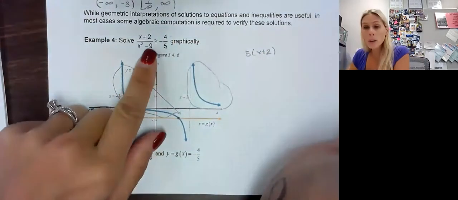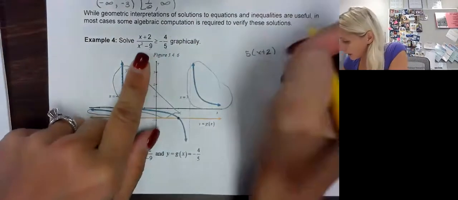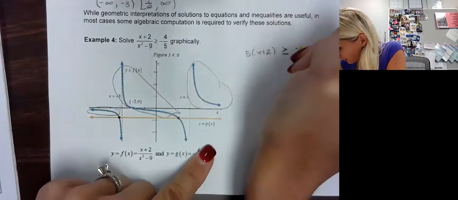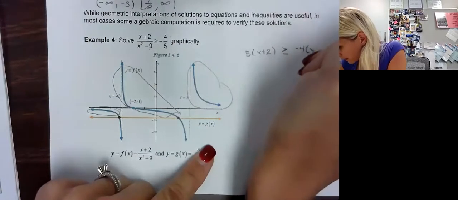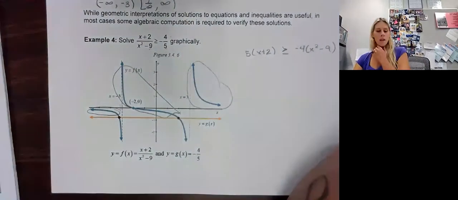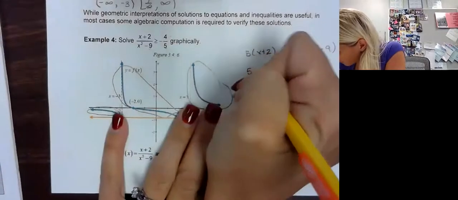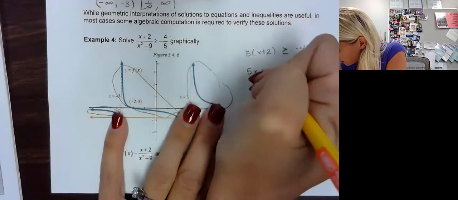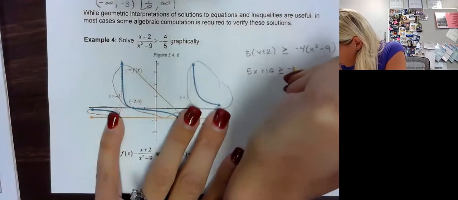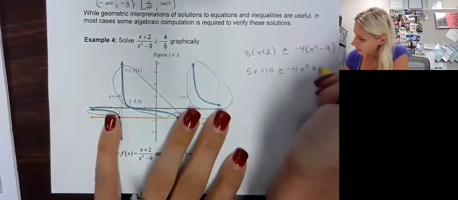Now, when I multiply by positive numbers, we keep the sign the same, so it's greater than or equal to -4 times x squared minus 9. Next, I'm going to distribute. So I get 5x plus 10 is greater than or equal to -4x squared plus 36.